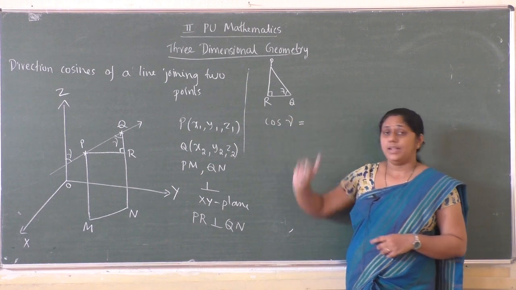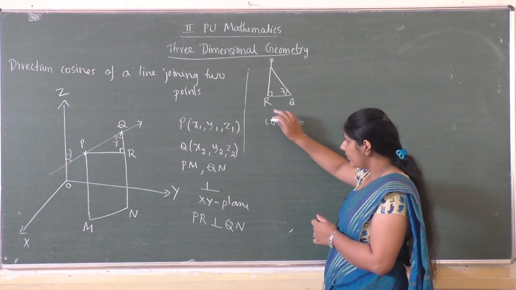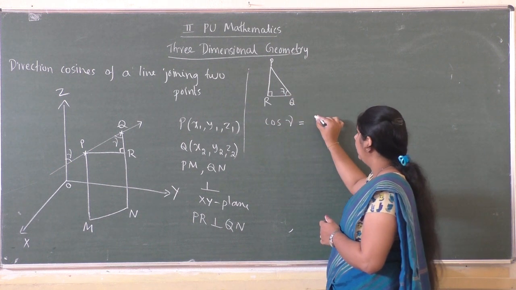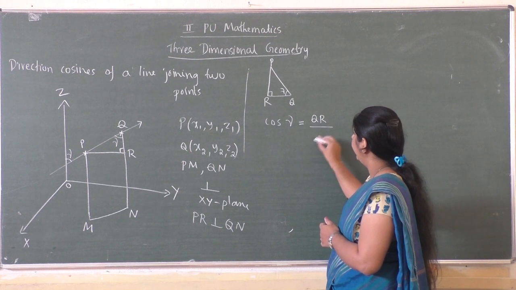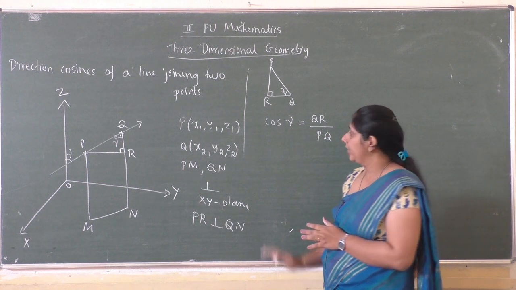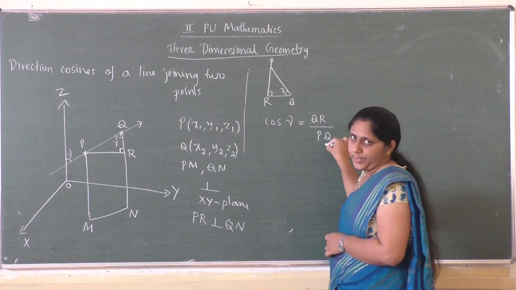This is a right angle triangle, right? Then what is cos gamma? It is adjacent by hypotenuse, that is QR divided by PQ. Now we have to find what is QR and what is PQ.